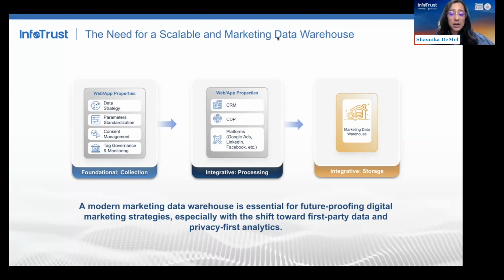In this slide, what I want to highlight is that it's really important to think through the foundational piece, because AI in marketing isn't just about collecting data, but also about how you organize it. So you want to make sure that you have your tag governance in place, your parameter standardization in place, and consent management, to ensure there's accuracy of data as well as compliance.